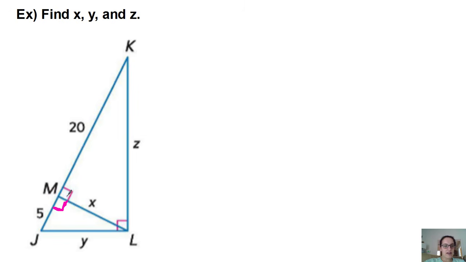But if we're thinking about the big triangle JLK, if the measure of angle K is a certain number of degrees, then J is going to be whatever is left over.